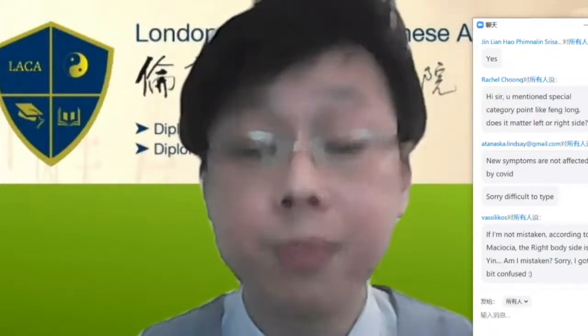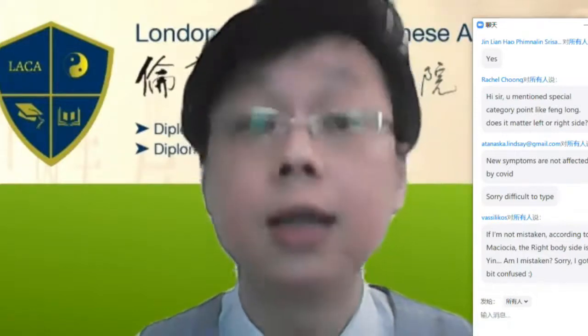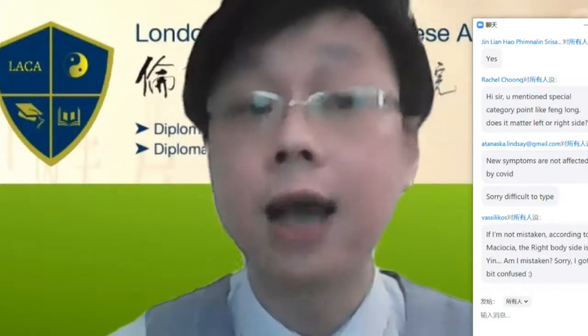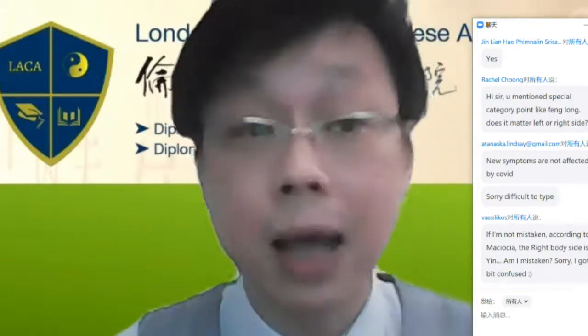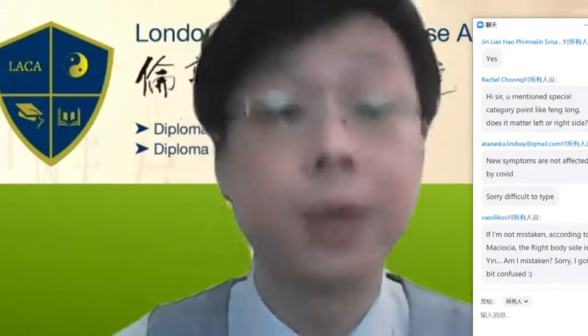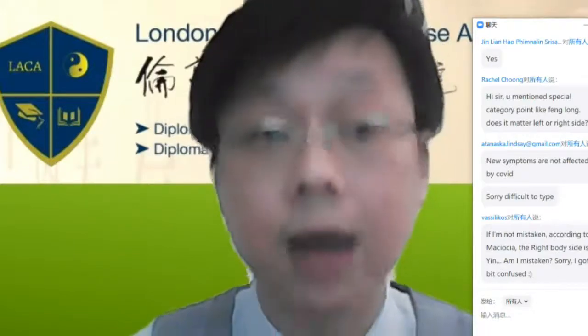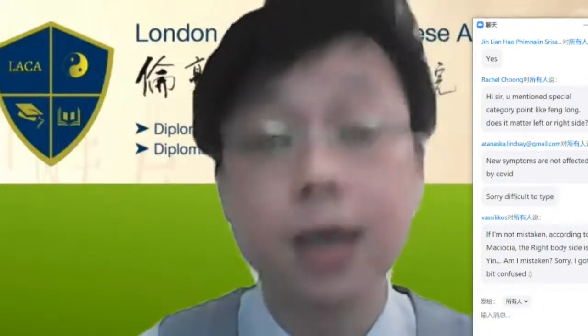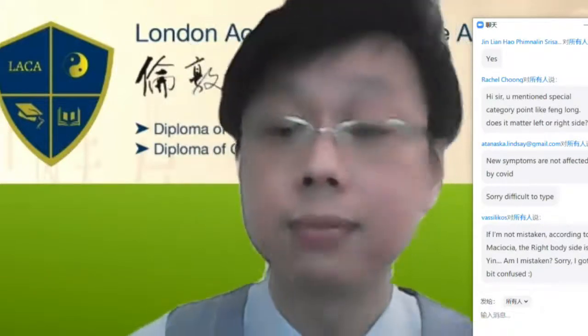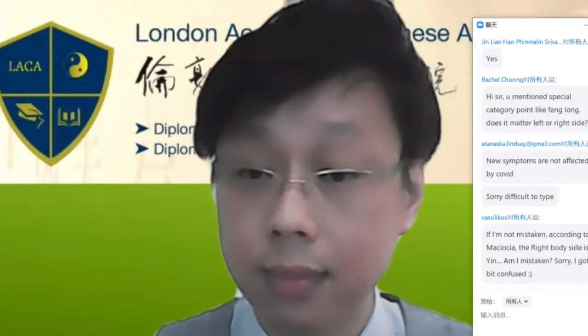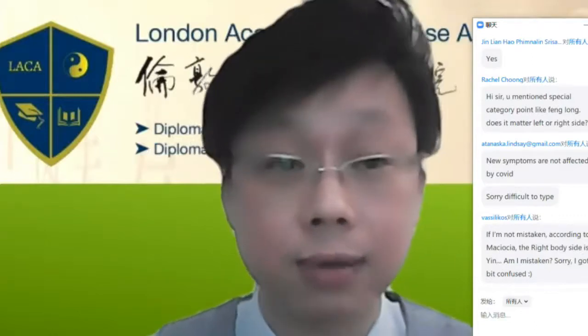So on the movement functions part, the left side is the yang side, the right side the yin side. That's more talking about the qi's movement, the functional part. But to talk about the material part, the right side is more yang, and the left side is more yin. I hope I made it clear.